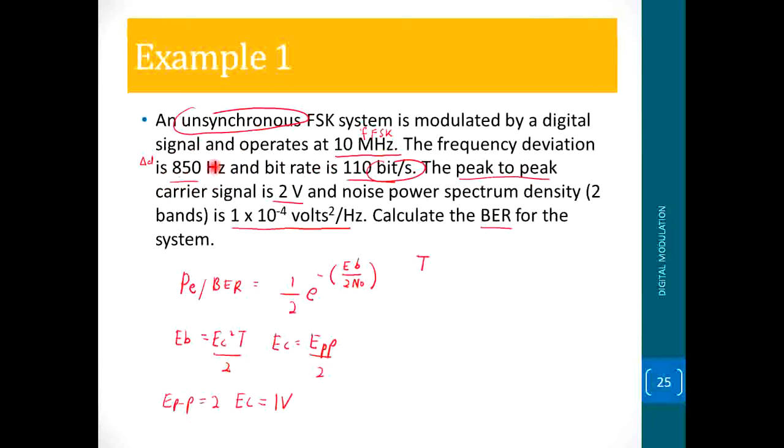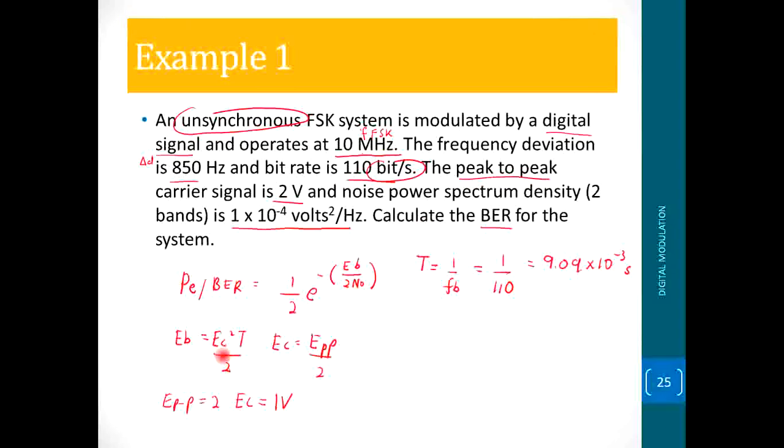There are 2 frequencies and 1 bit rate, but bear in mind this is modulated by a digital signal. T is 1 over FB, where FB is 110, so you will get T as 9.09 times 10 to the power of negative 3 seconds.